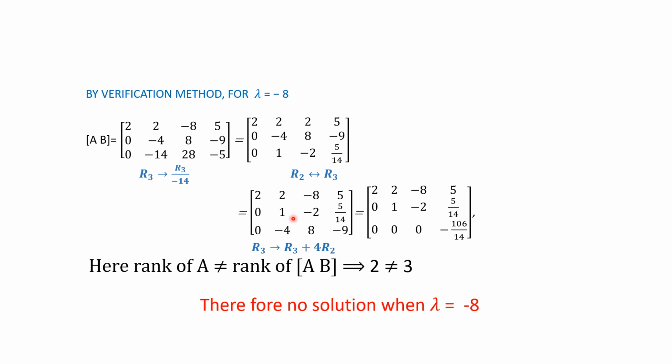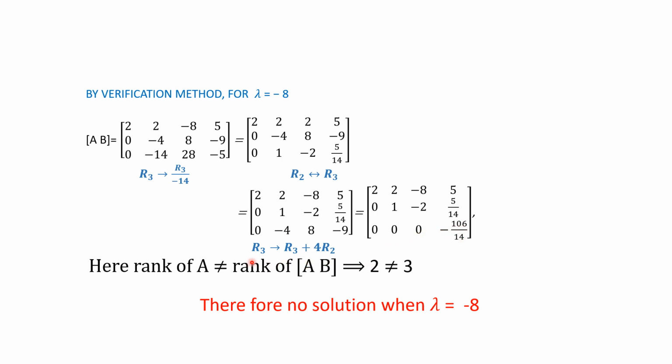Here the second and third rows are interchanged. And finally, we can apply the row transformation R3 gives rise to R3 plus 4R2. Next, the resultant matrix is 2, 2, -8, 5. The first row does not change. The second row also does not change. Third row 0, 0, 0 and -106 by 14.